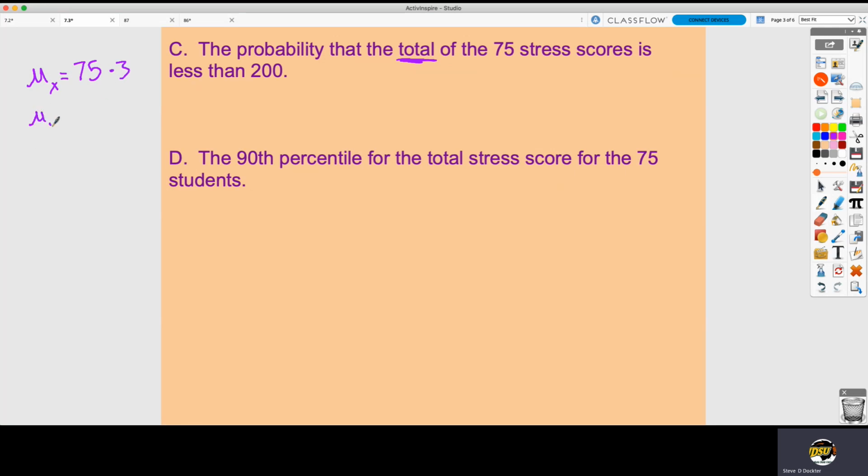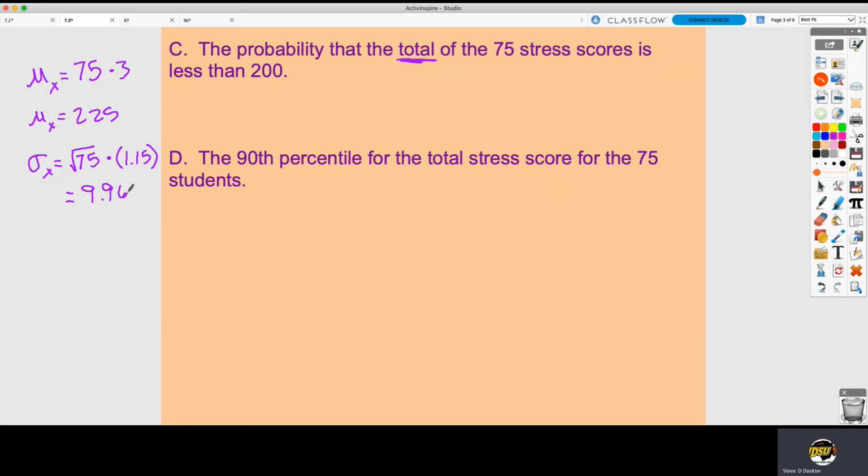So our new mu value for this situation is 225. All right. We're going to have to do the same thing for our standard deviation. How we find our standard deviation is the square root of our sample size times the original standard deviation. And that ends up being 9.96.